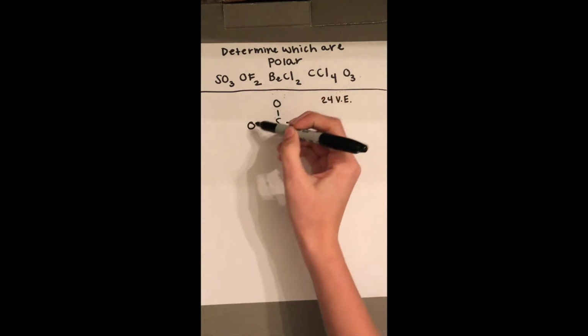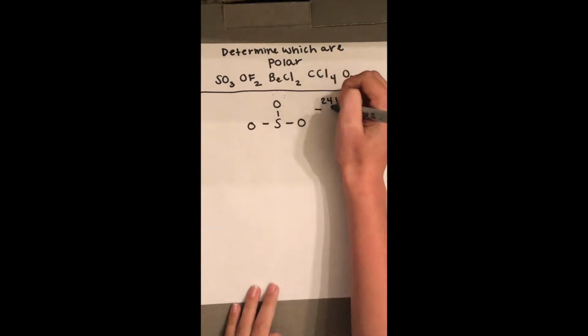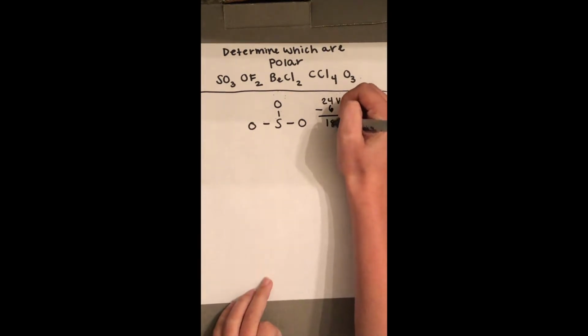We use these valence electrons to fill the outside atoms first, these three, until they reach an octet. We have already used 2, 4, 6 electrons to make these bonds, so we're going to subtract 6 from this, and that equals 18.